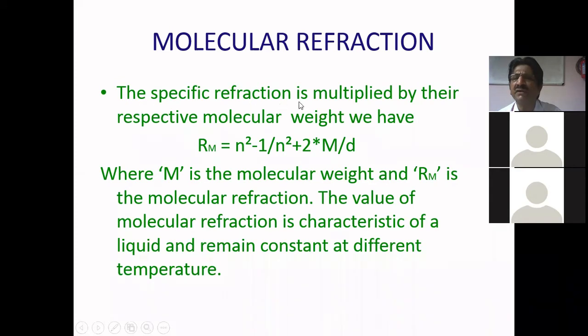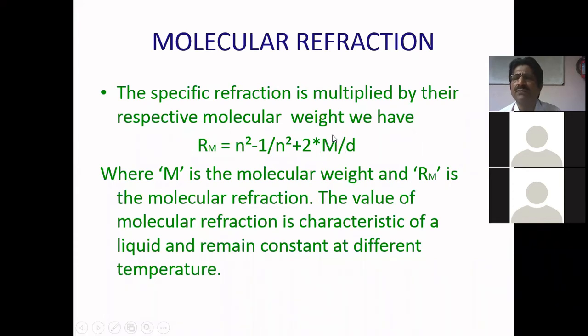Here the specific refraction is multiplied by the respective molecular weight, that is Rm, which is nothing but (n square minus 1) divided by (n square plus 2) into M by d, where M is the molecular mass.